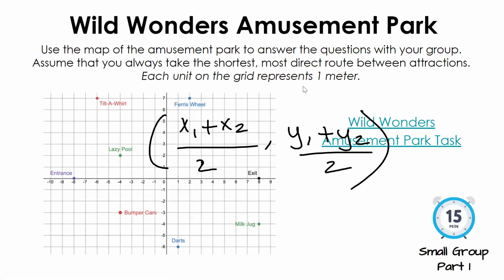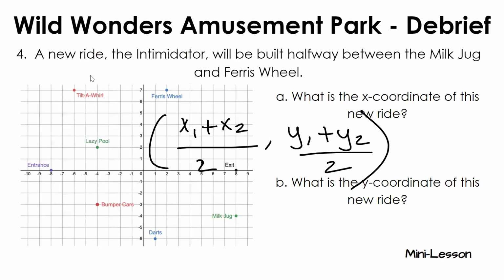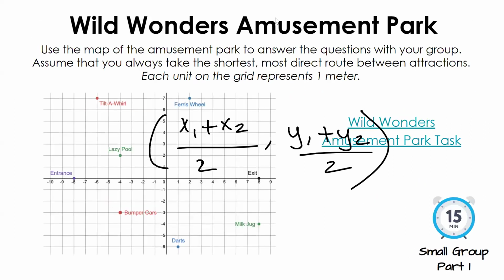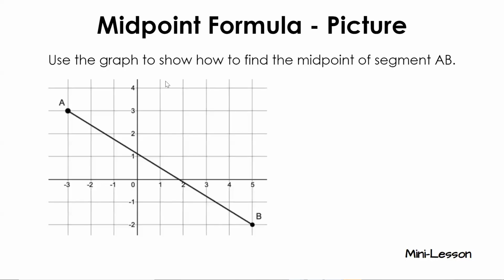All right. So we're going to do this kind of together. Let me get back because I didn't give you this worksheet, I don't think. All right, so let me pause for a second. Okay. So use the graph to show how to find the midpoint of a segment AB.